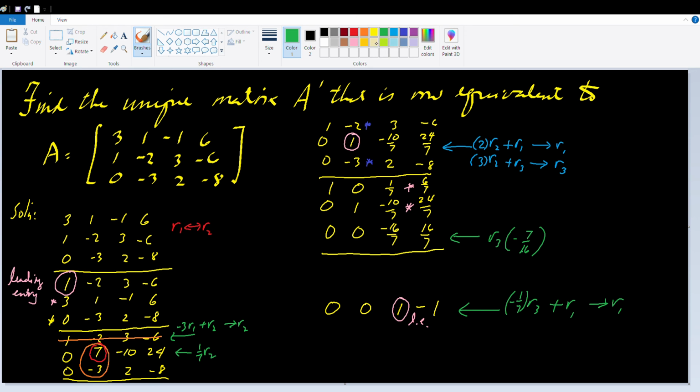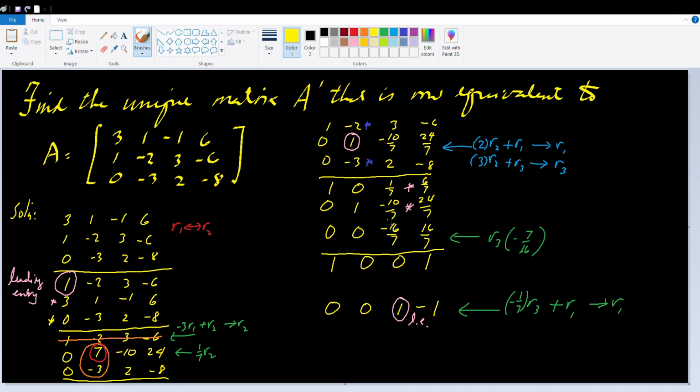So 0 times negative 1 over 7, 0 and 1 is 1. 0 times negative 1 over 7, 0 and 0, 0. 1 times negative 1 over 7 is negative 1 over 7, plus 1 over 7 is, of course, 0. Negative 1 times negative 1 over 7 is positive 1 over 7, plus 6 over 7, that will be 7 over 7, or 1.